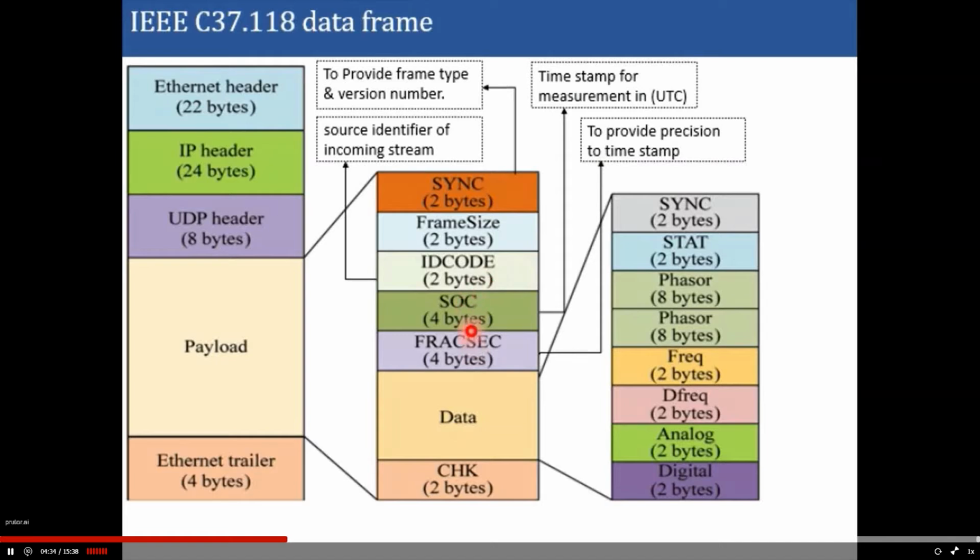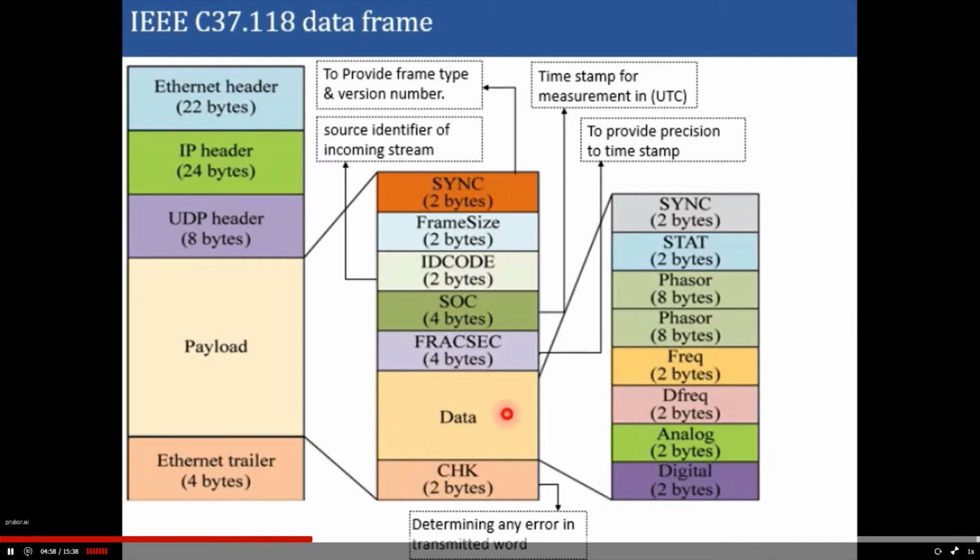So SOC and fracsec are the 2 blocks which do the time stamping of the data frame. Now after that you have the phasor data housed in the frame, and in the last you have the checksum bytes to determine any error in the transmitted word.